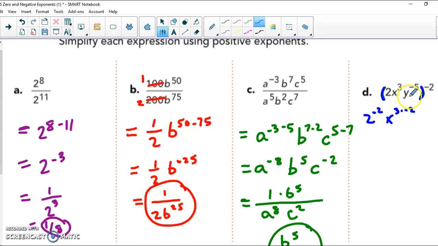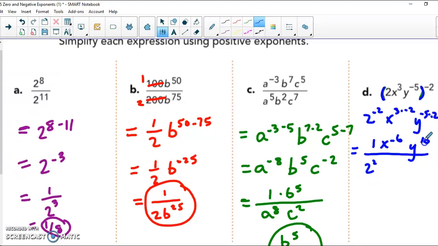And again with my y term, I'm doing power of a power, so y to the negative 5th times negative 2. So as we simplify 2 to the negative 2nd power, this would become 1 over 2 squared. X to the 3 times negative 2 becomes x to the negative 6th. And negative 5 times negative 2 becomes y to the 10th.